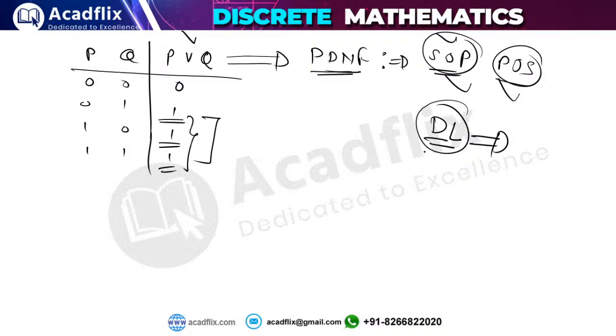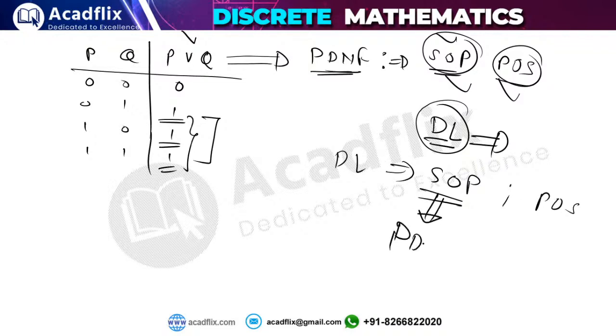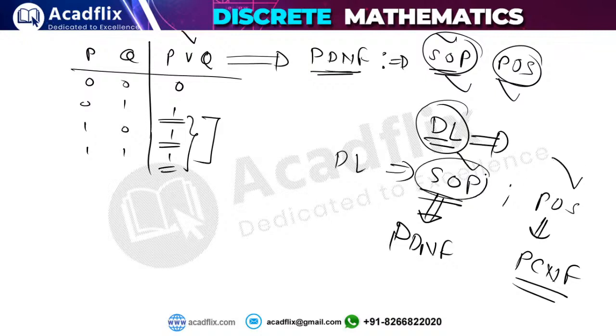So let's do one thing. In digital logic, when you study SOP and POS forms, just think that this SOP is PDNF, and this POS is PCNF. You will study these concepts for 2 hours.